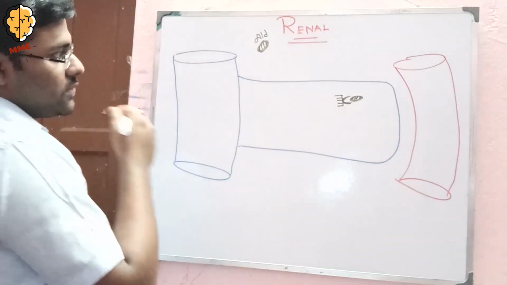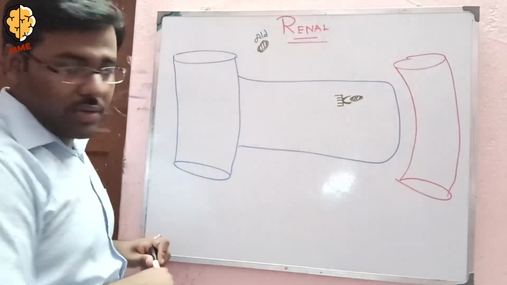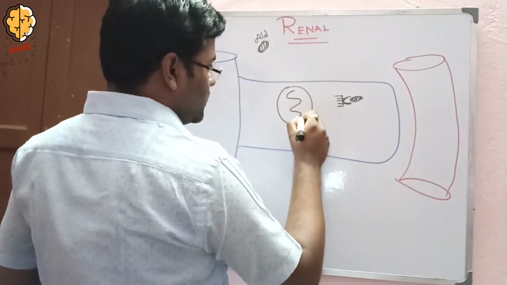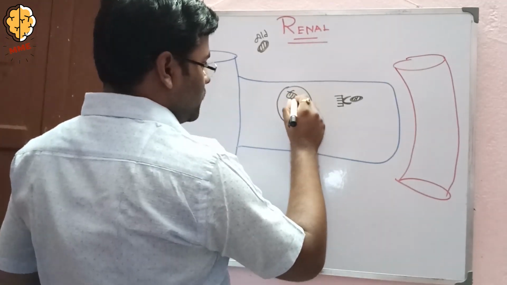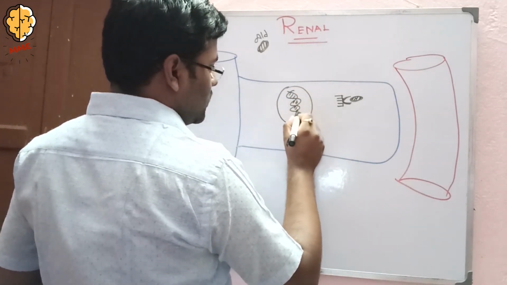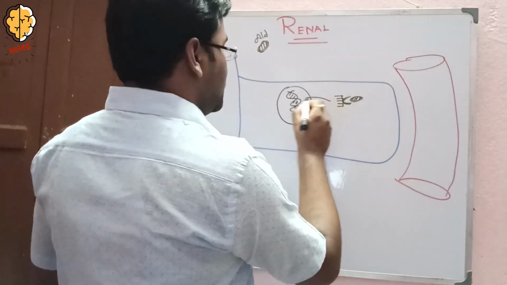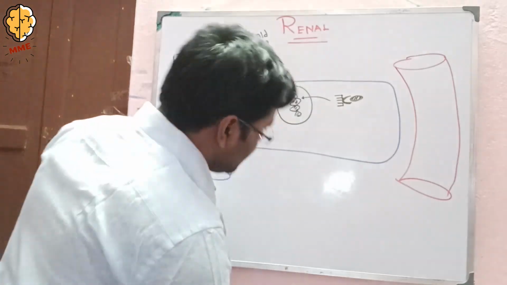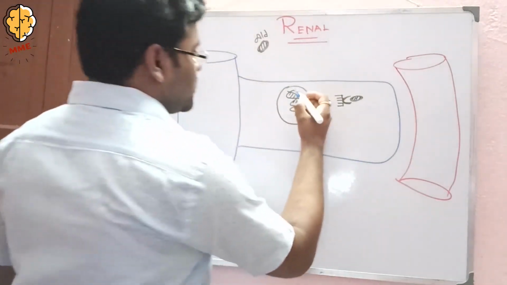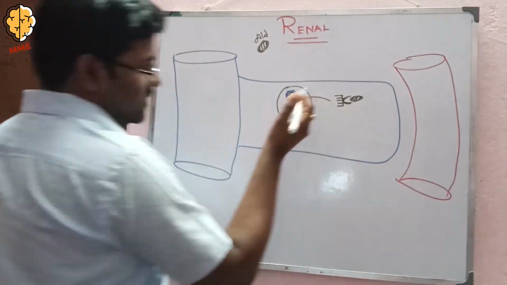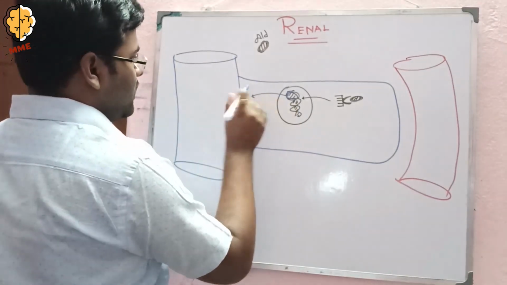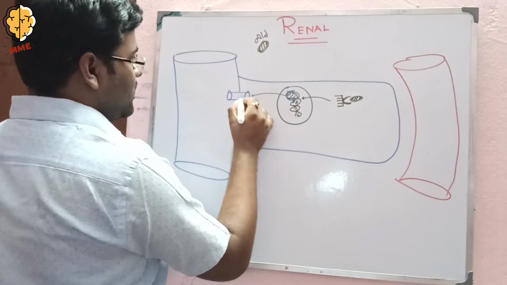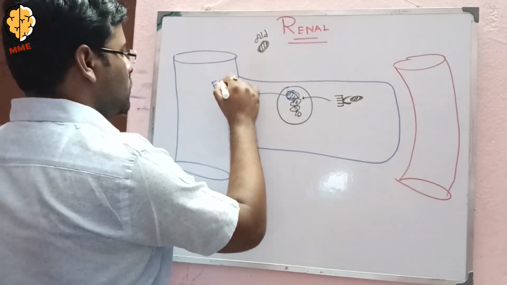When the aldosterone binds to the intracellular receptor of aldosterone, some genes will be activated, and the gene gives some proteins, and the proteins get converted into channels and come into play. So first this part is activated, and a channel formation is done, and this channel is the epithelial sodium channel.